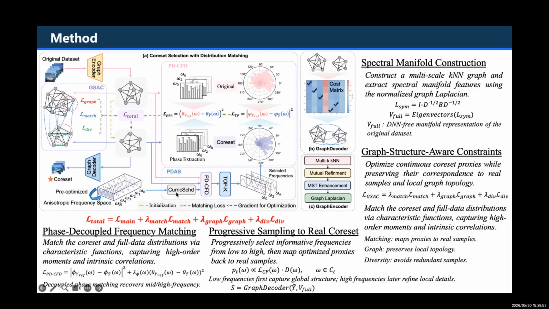It's a curriculum scheduling mechanism, and we select different frequencies for different datasets, so it is a really adaptive approach. Here is our total loss, which contains the match, the graph, and the depth terms. Depth stands for diversity.